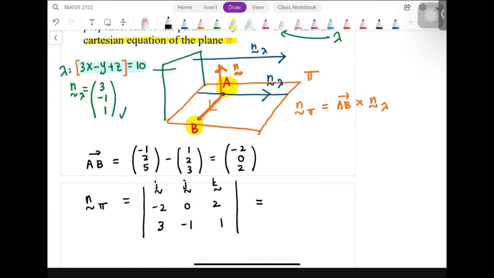Okay. So, cross product between those two should be 2i plus 8j plus 2k. Okay. Settle, kita dah dapat normal vector.